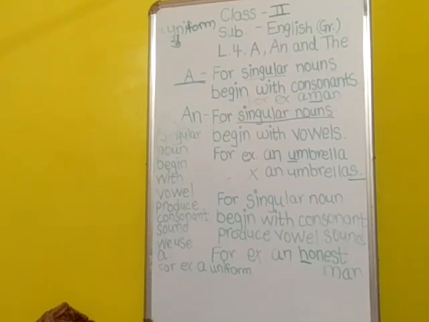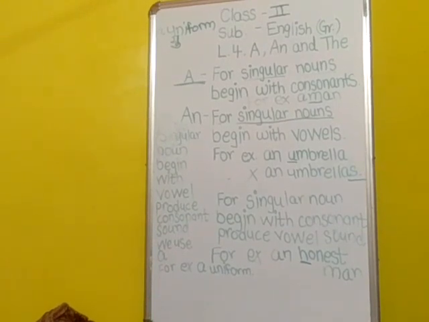In grammar book, we have completed our 3 lessons. First is the alphabet. Second, in alphabet, we have completed our alphabetical order, then common noun, proper noun, then capital letters, small letters.